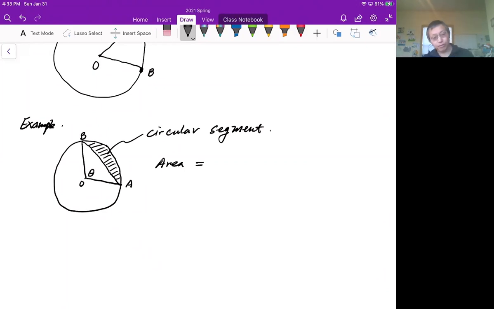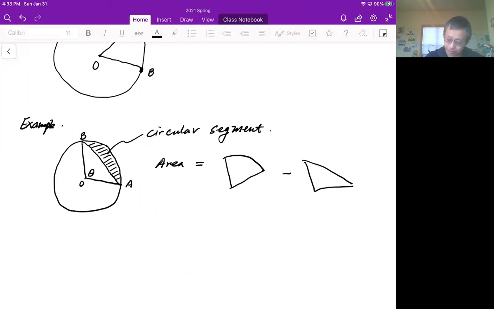So what's the area of the circular segment? Well, that's easy. First of all, you can use the area of the sector to subtract the area of that triangle, right? My picture was not very precise, but you know what I mean here. So let's redraw that picture a little bit.